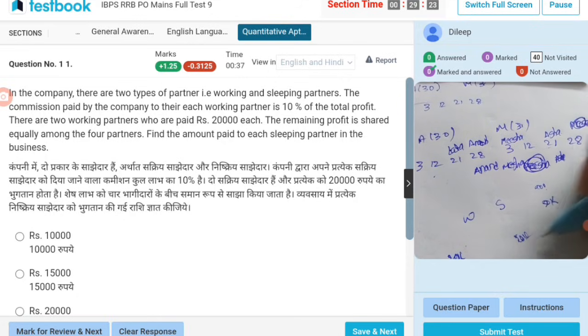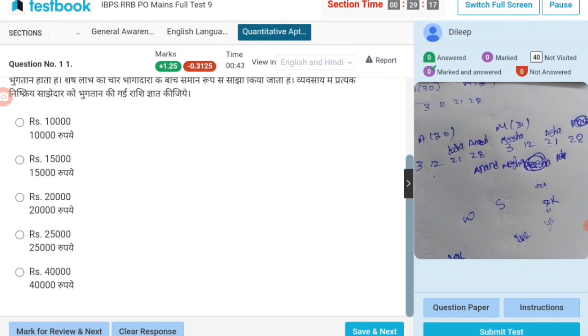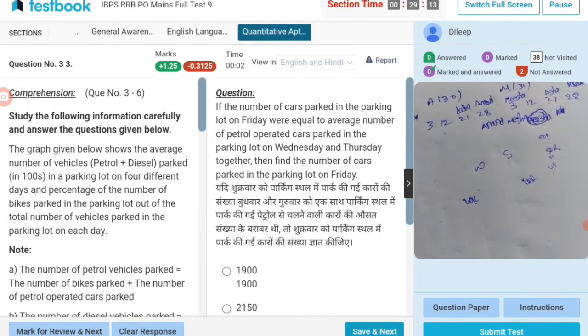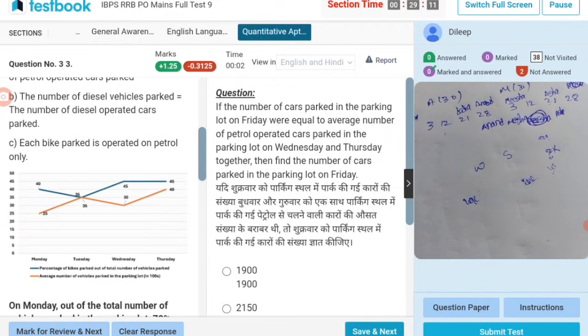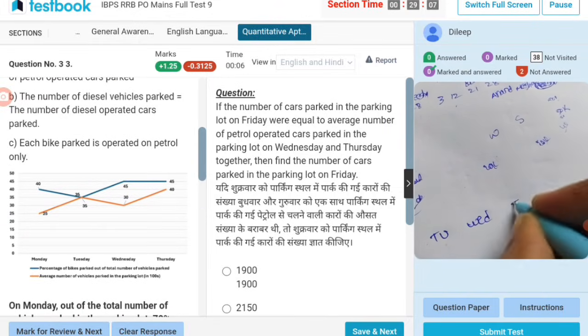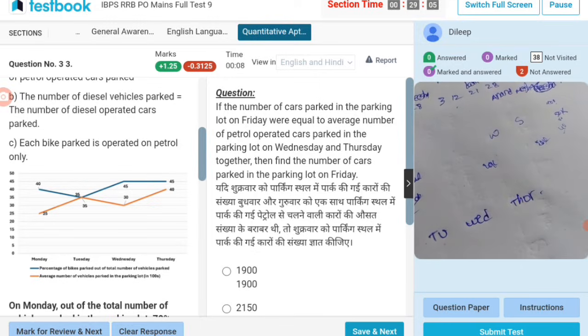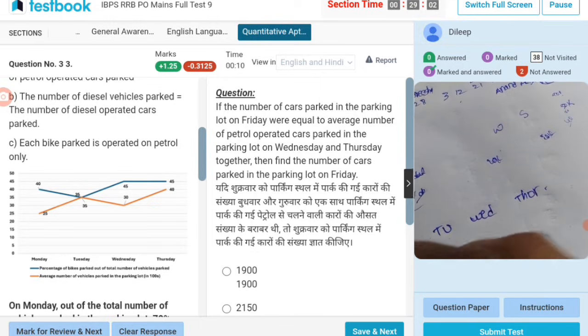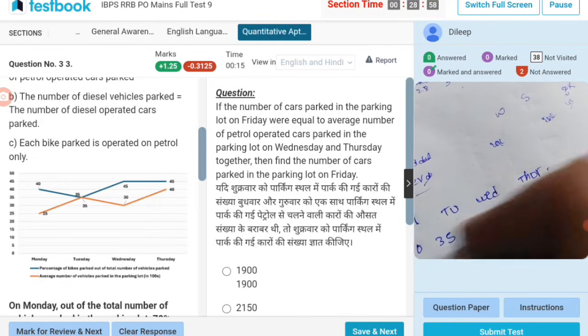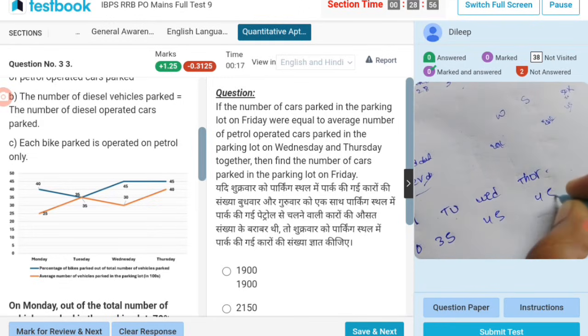So 20K. Monday, Tuesday, Wednesday and Thursday. So the percentage of bikes out of total number of vehicles: 40, 35, 45 and 45.